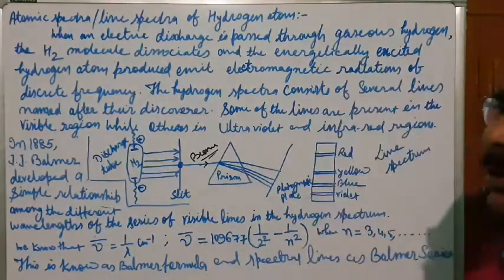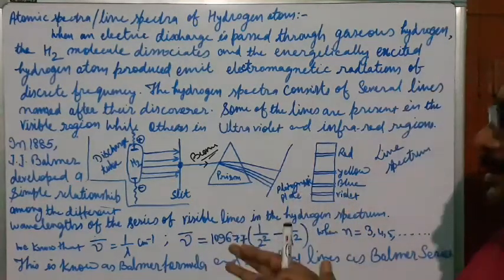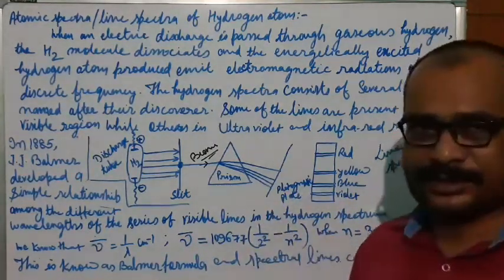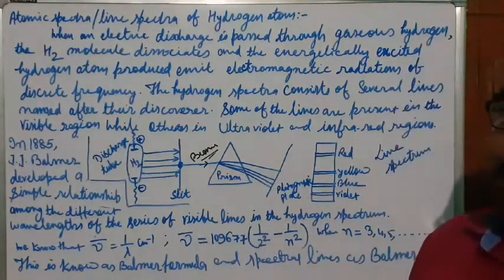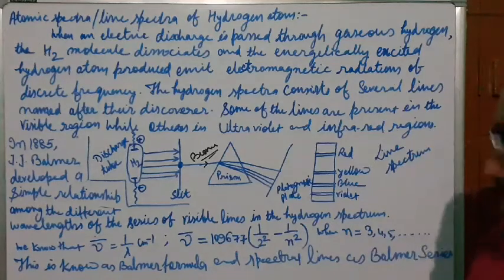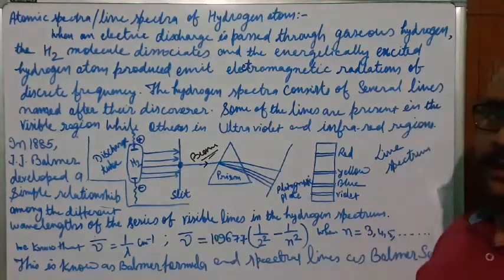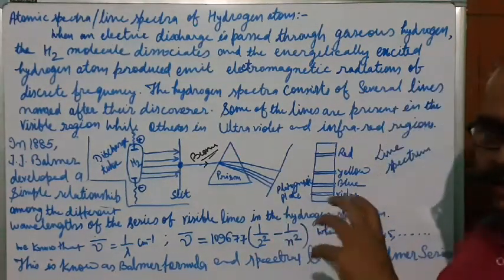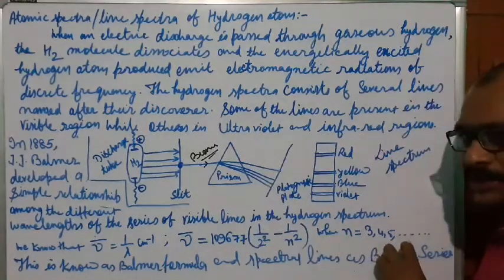Then Rydberg extended this formula to all the series, whether in the ultraviolet, infrared or visible range. So Mr. Rydberg made some changes in this relationship. He modified it. It is not a wrong formula, but it is applicable only to the Balmer series.